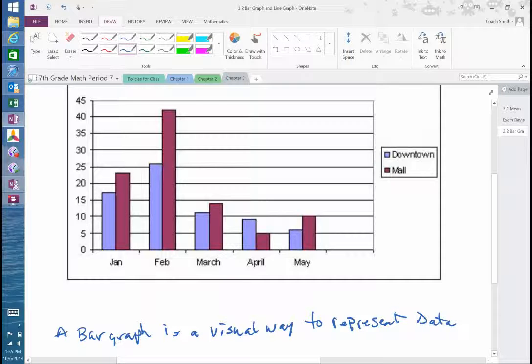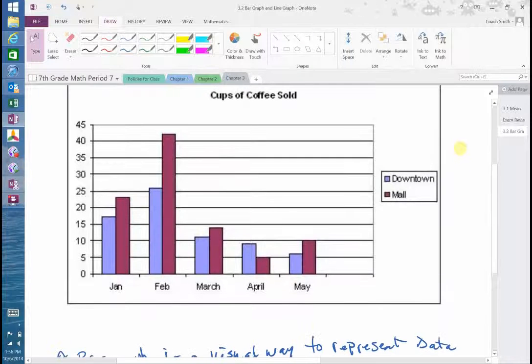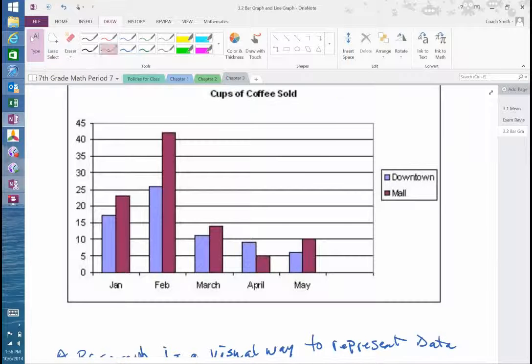Okay, a bar graph is a visual way to represent data. Now, a bar graph has several different parts. The one we've got here is a double bar graph.